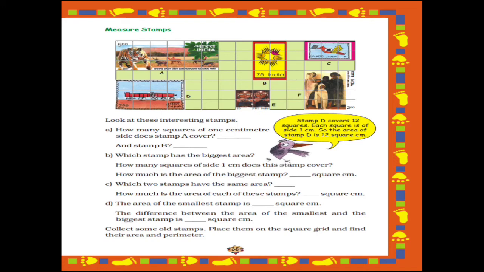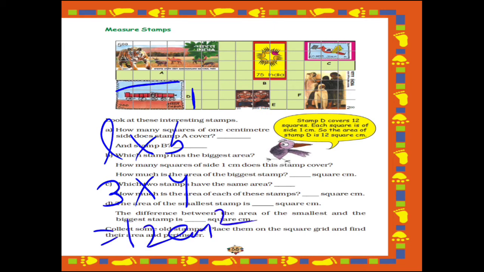It was length into breadth. So let's first find the area of stamp D, that is L into B. What is the length? This is 3. And what is the breadth? There are 4 squares. So breadth is 4. Now 3 fours are 12 square centimeter, right? So 12 square centimeter is the answer.